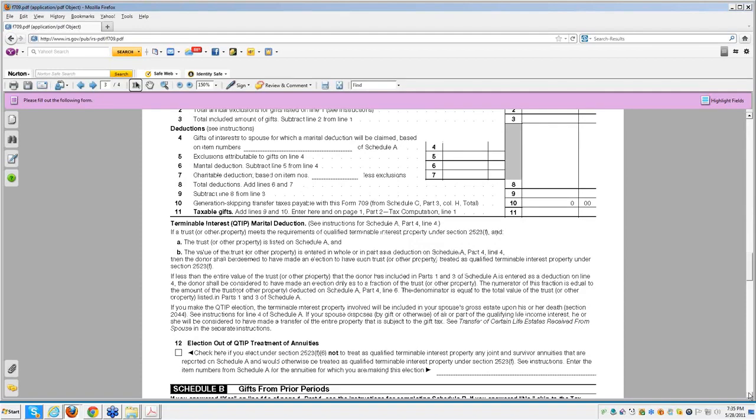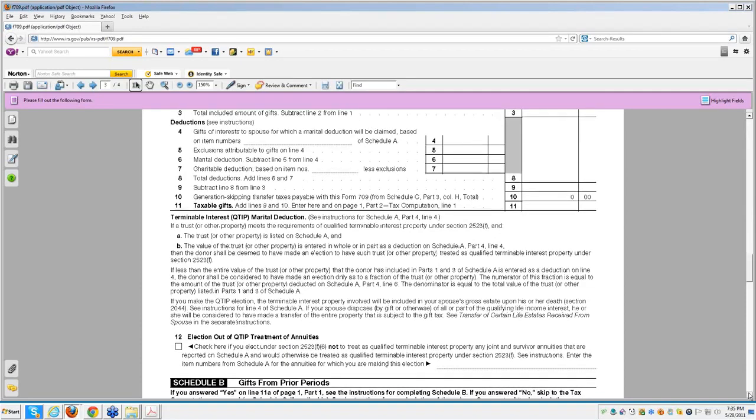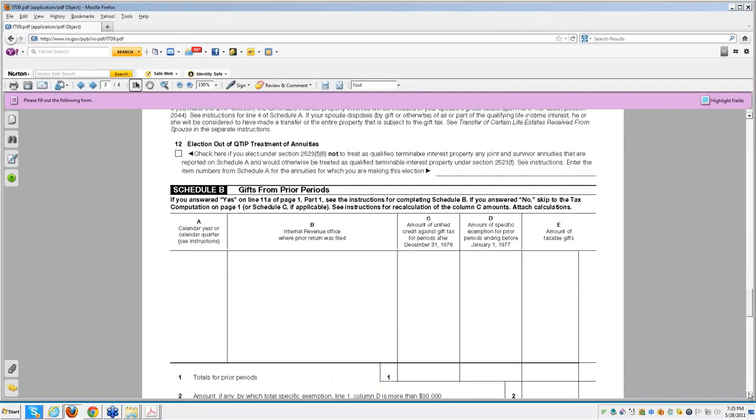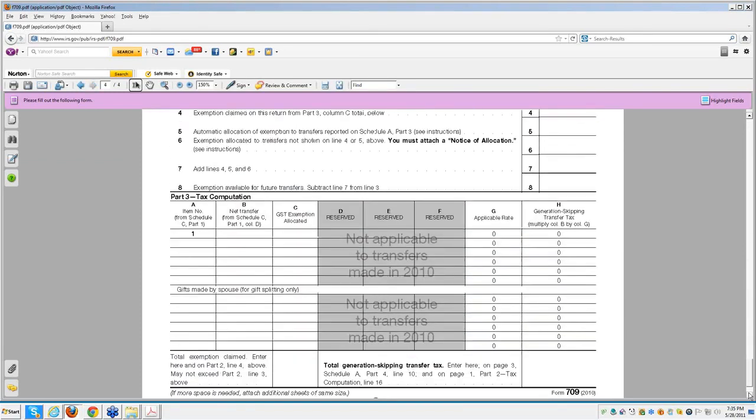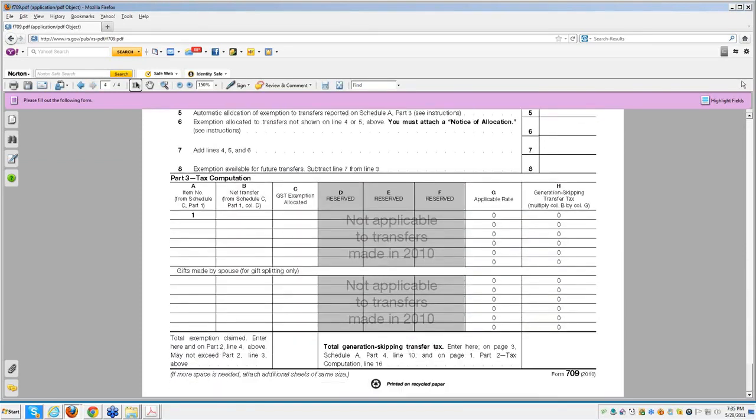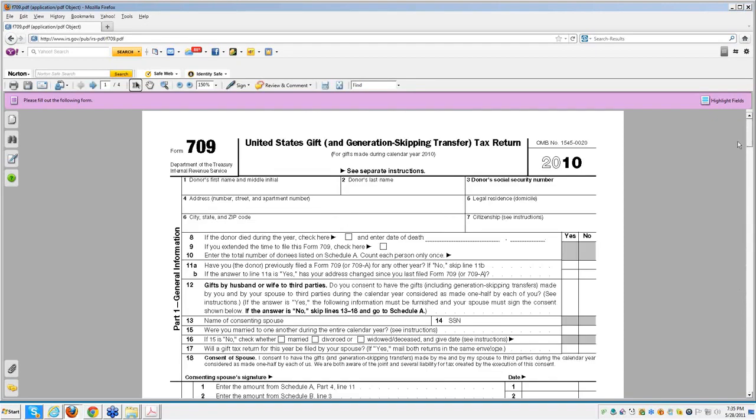So what do you fill out in each one of these sections up here? What are the important boxes that have to be filled in? Okay, the donor.